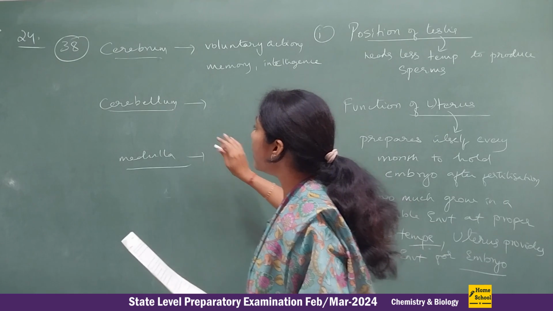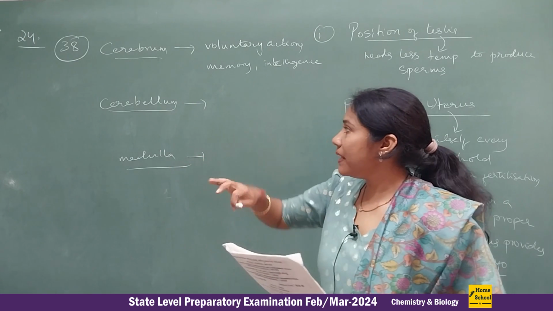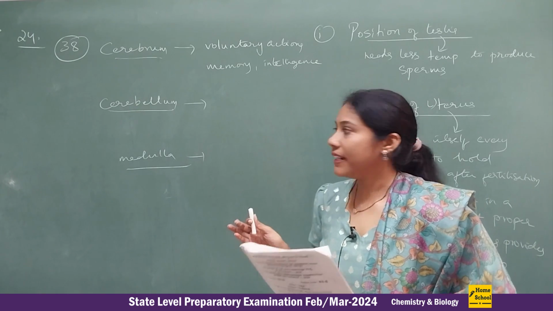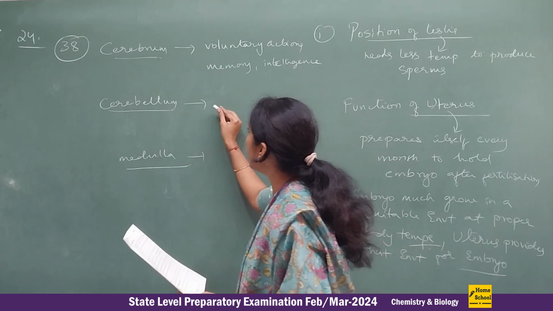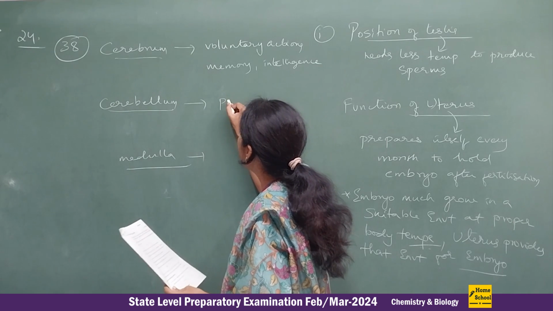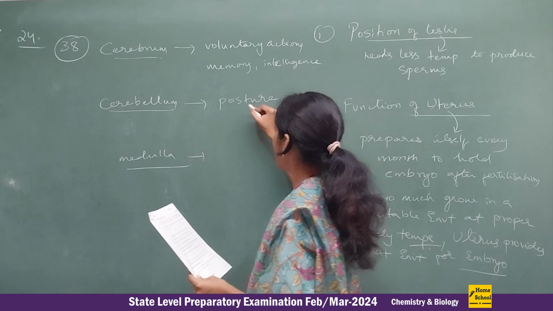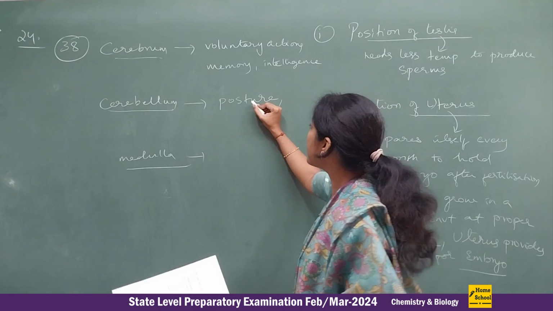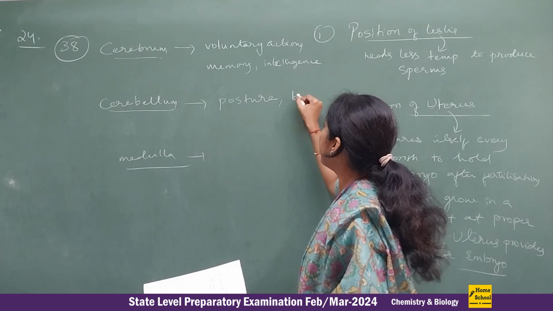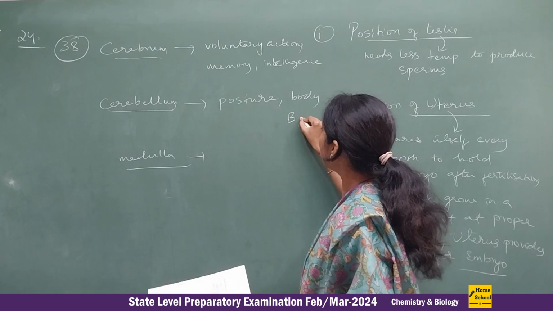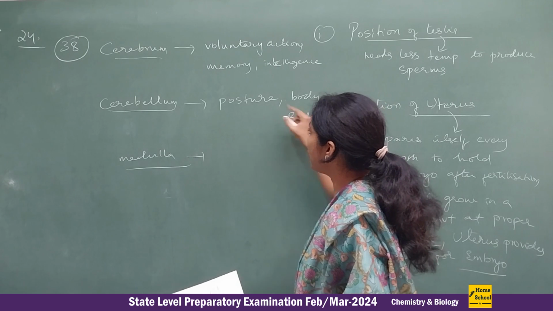And now coming to the cerebellum, right? Cerebellum is nothing but that tree-shaped structure, right? So here cerebellum's main function is it balances body posture. It controls the posture and body balance. Okay, so these are the two things you can mention as the function of cerebellum.